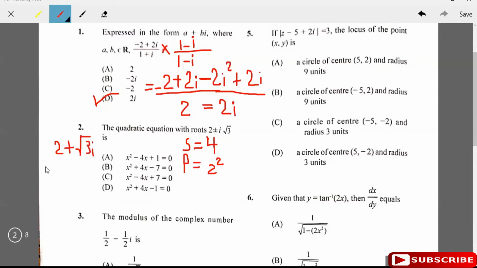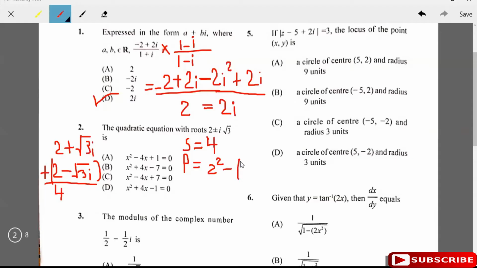When you add them, the sum you get is 4. And then the product of these two is the difference of squares.